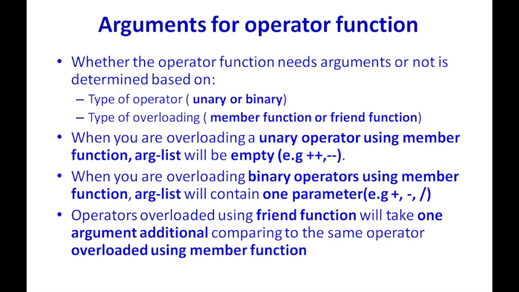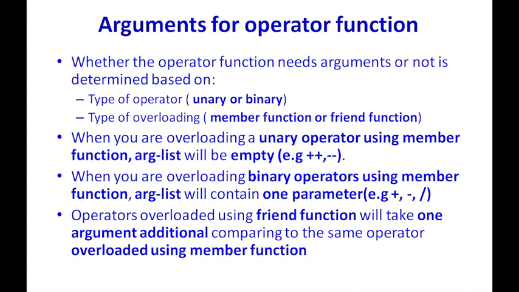Whereas if you are overloading a unary operator using a friend function, then it will take one argument. Whereas a binary operator using a friend function will take two arguments. So in simple words, when you overload an operator using a friend function, it will take one argument additional to the member function implementation. So if you are overloading plus plus as a member function, then the argument count is 0.